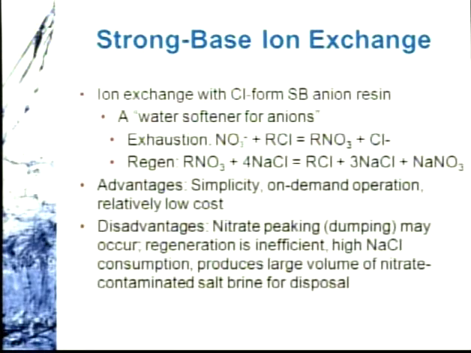One is nitrate peaking or dumping that occurs. If you operate standard strong base anion exchange resins that are not selective specifically for nitrate, and you allow them to be operated past the point of breakthrough, which means the treated water concentration is equal to the raw water concentration, other anions that are more selected, namely sulfate, can displace the nitrate that's been removed and push that off into the treated water.